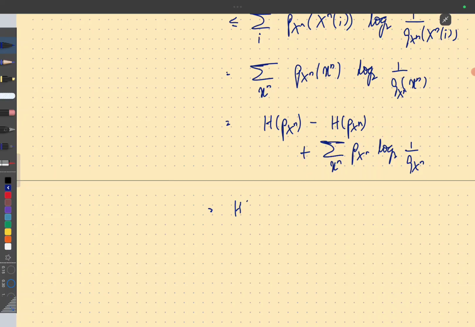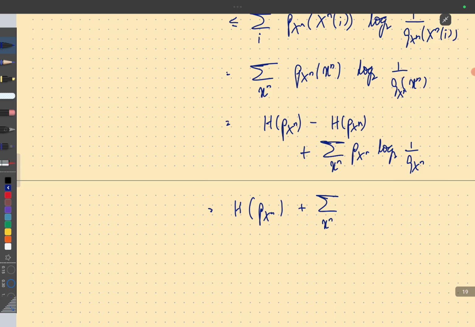This is nothing but the entropy plus the sum over all x^n.